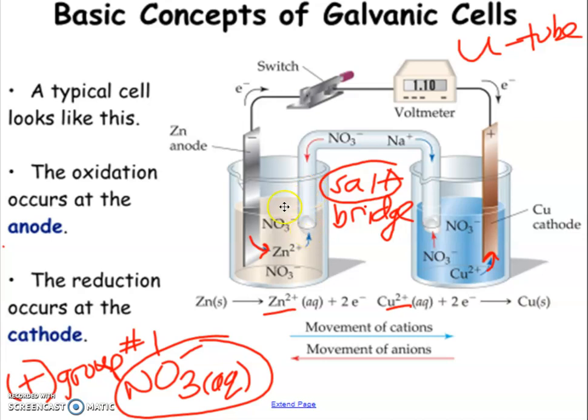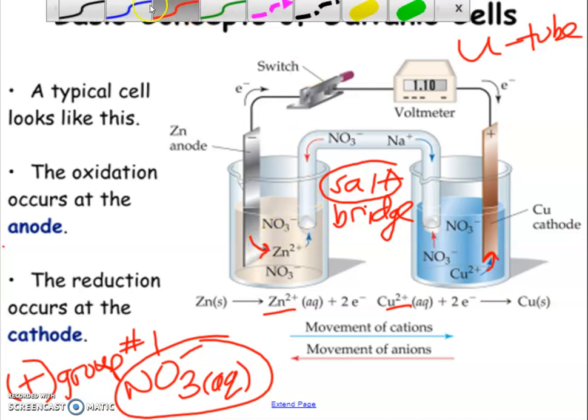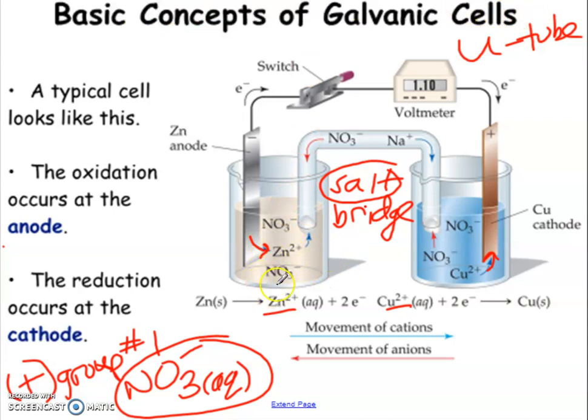If you notice, we have some more arrows happening on the inside of our half cells. Let's first talk about the reason why things move to one side or the other. First of all, you'll notice down here the movement of cations, or positively charged ions, are always moving towards the cathode. I know this is saying it's moving to the right, but if the cathode was on the left, it would be moving to the left.